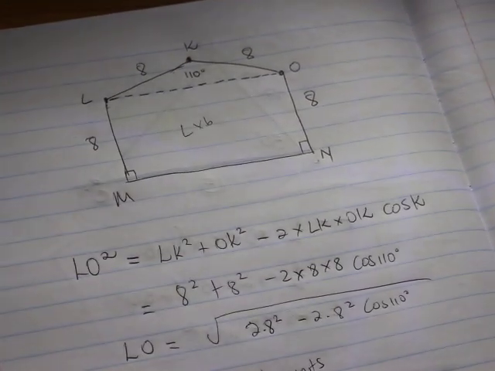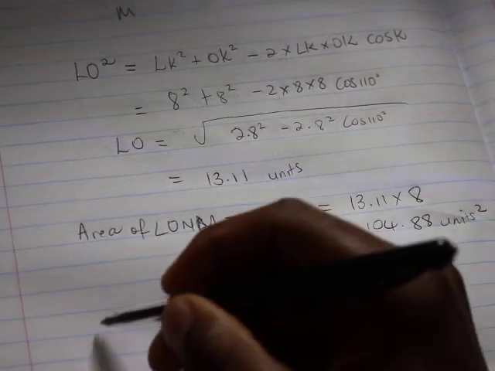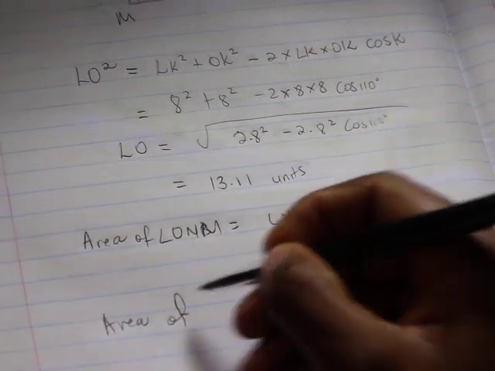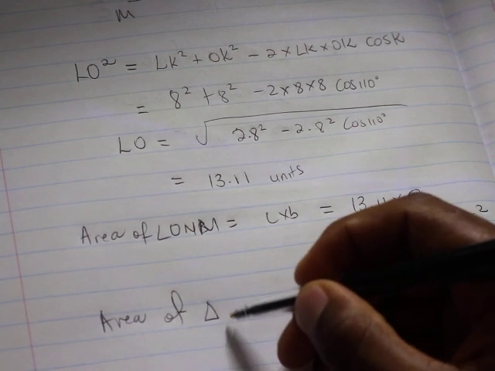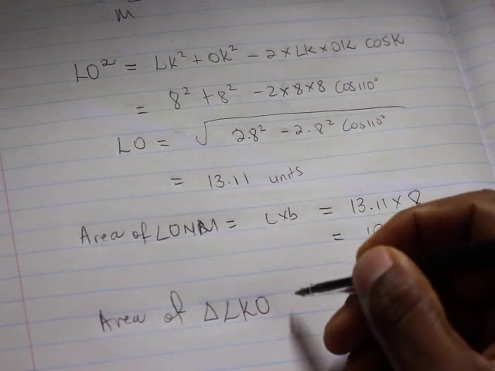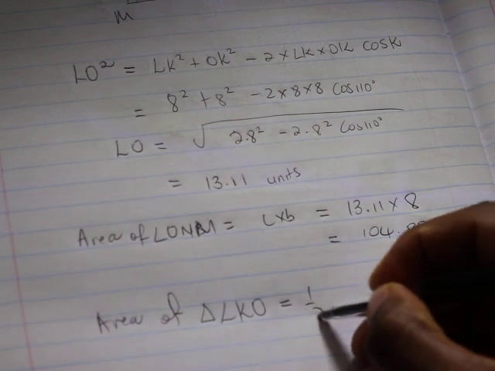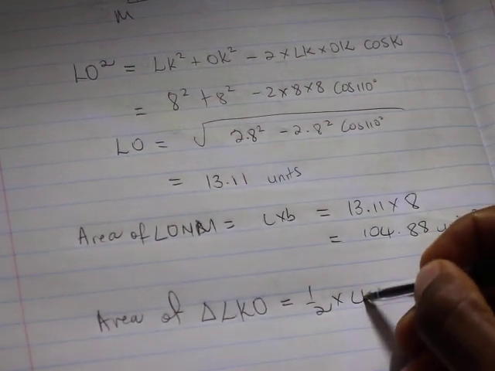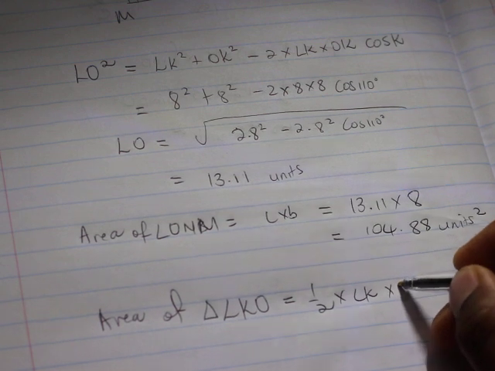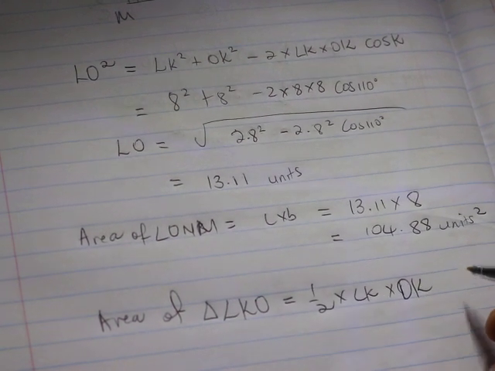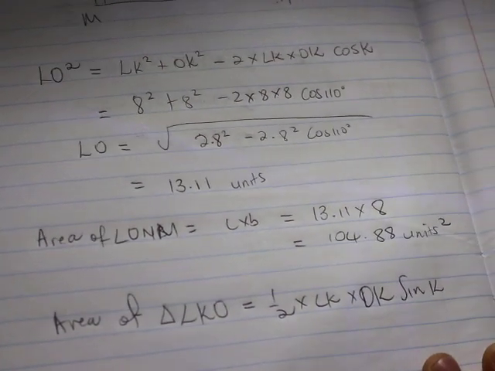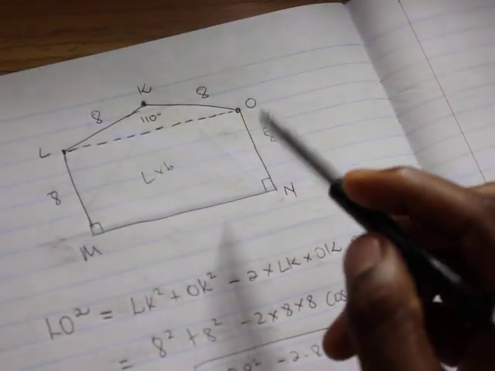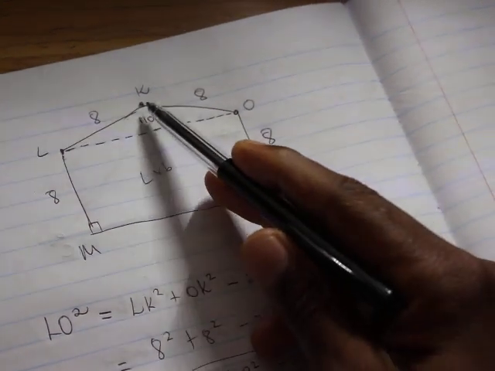So area of triangle LKO is simply going to be equal to 1/2 times LK times OK, right? And then the sine of that included angle. So yeah, 1/2 times LK, OK, and times the sine of the included angle.